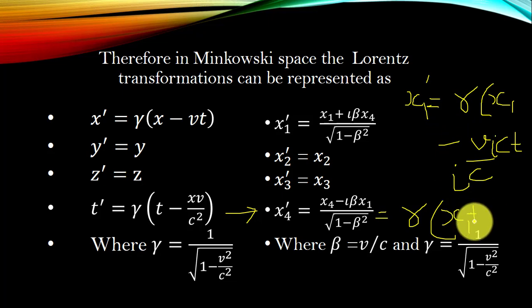So it will be x1 plus v by c, which will become beta, and iota ct is the x4 term. So this is what we have done, gamma into x1 plus beta x4. You can also represent it like that. And gamma, as you know, is 1 over under root of 1 minus v square over c square. So v by c is beta, so this will become 1 upon under root of 1 minus beta square.